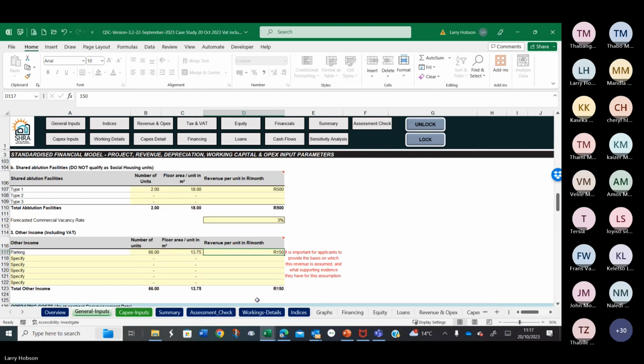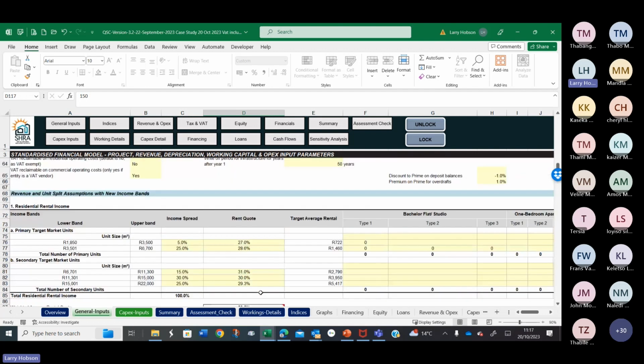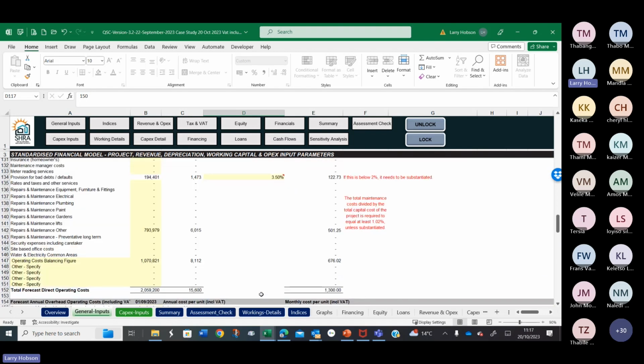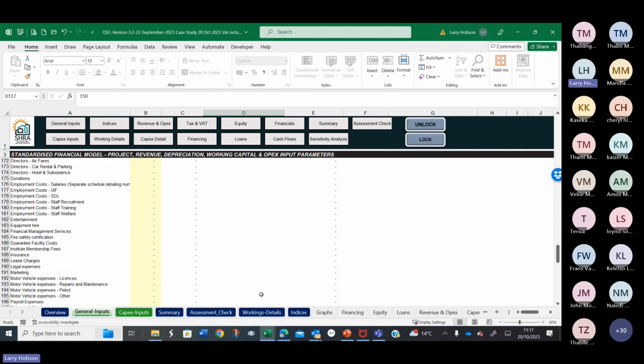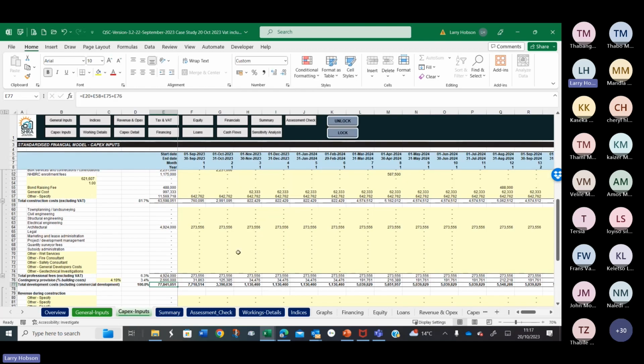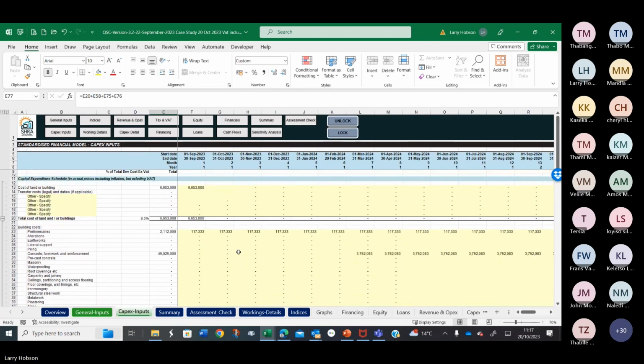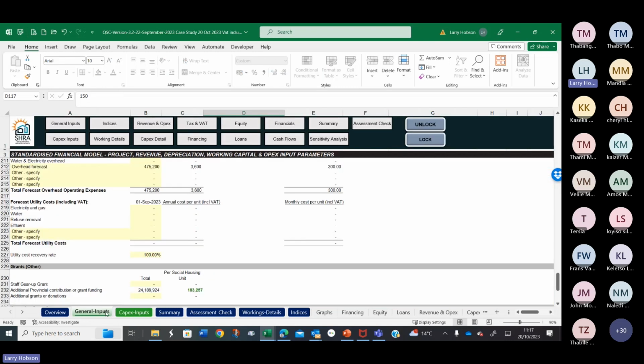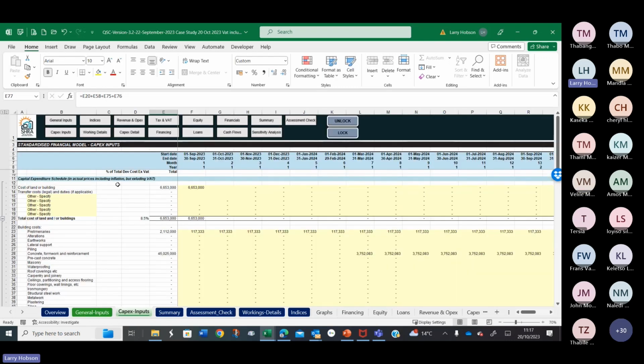Okay, so now we have a completely populated general input sheet. I'm holding my breath. I'm not going to go to the results yet. Let's do the CapEx. Remember, it's only the two green sheets where we can do our inputs.